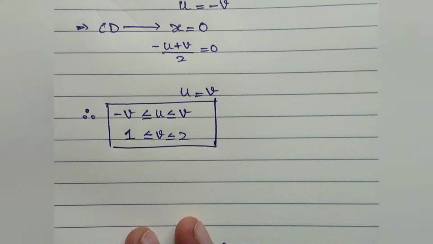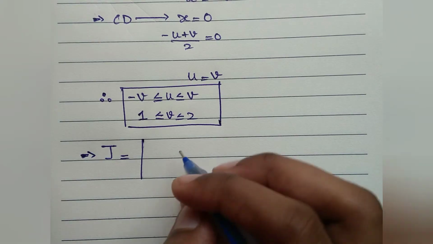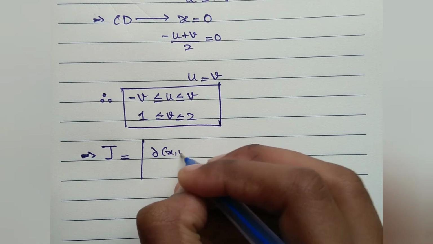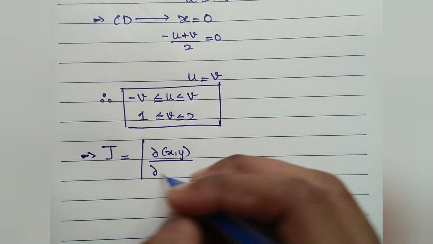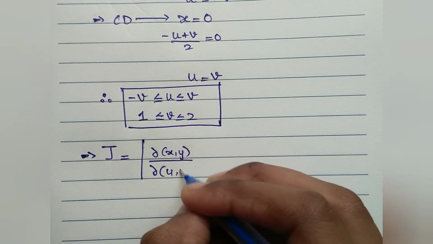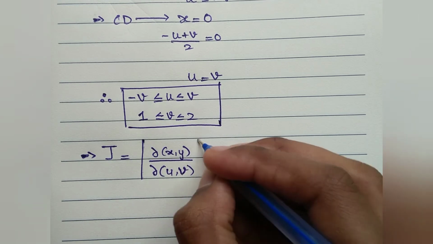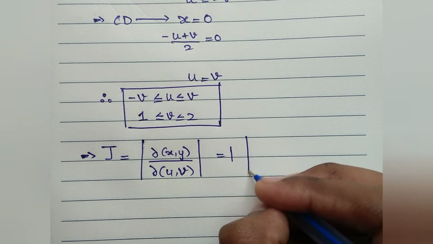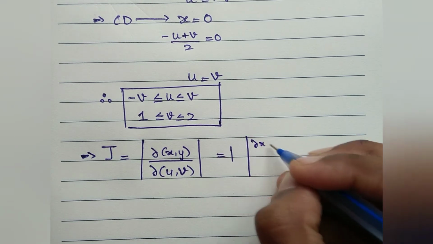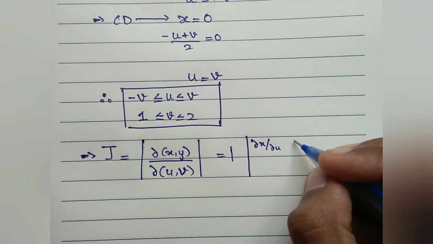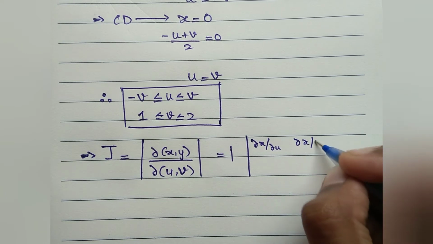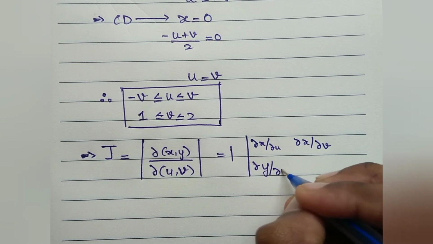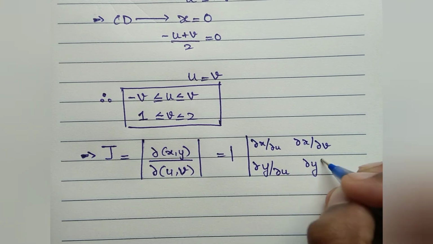Now we need to find out the Jacobian. Jacobian is the modulus of del(x, y) by del(u, v). That is equal to the modulus of the determinant of del x by del u, del x by del v, del y by del u, del y by del v.